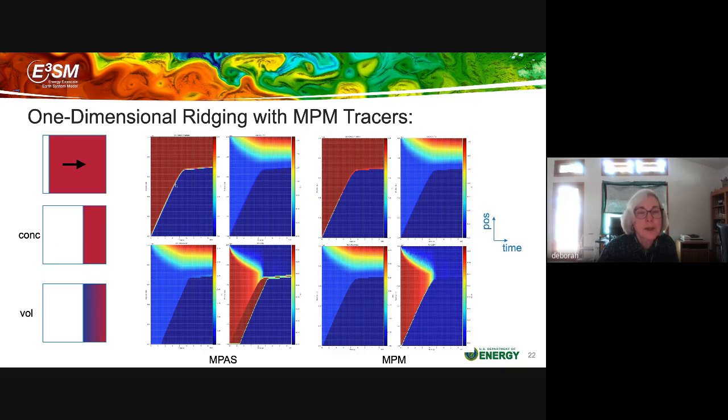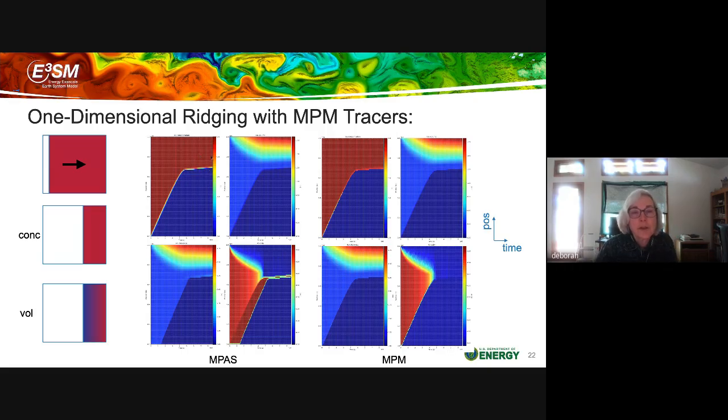That's what you're seeing here. And then eventually you reach equilibrium, because the ice strength depends on the volume and concentration, and so eventually it doesn't compress anymore, essentially saturating.